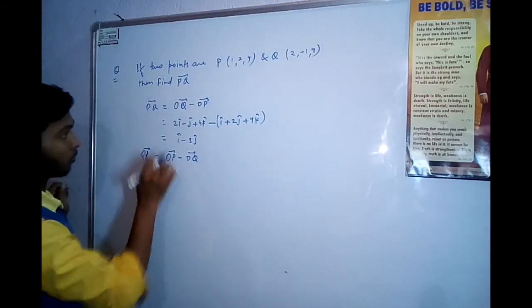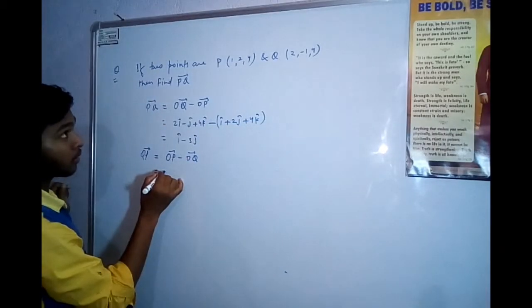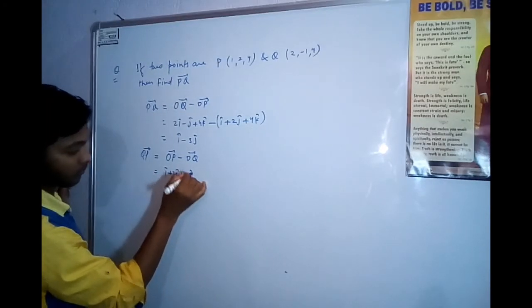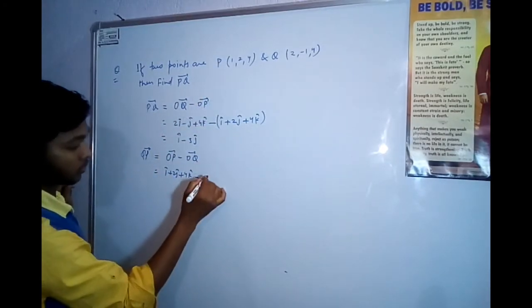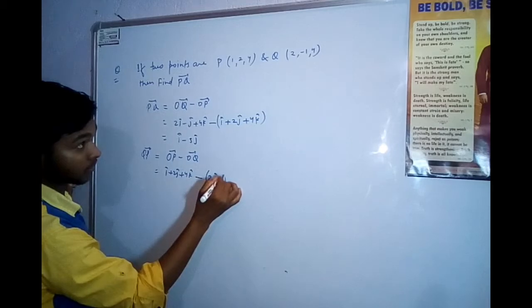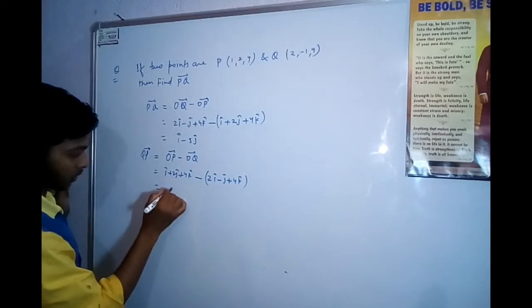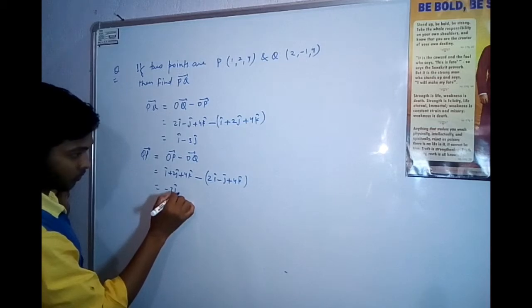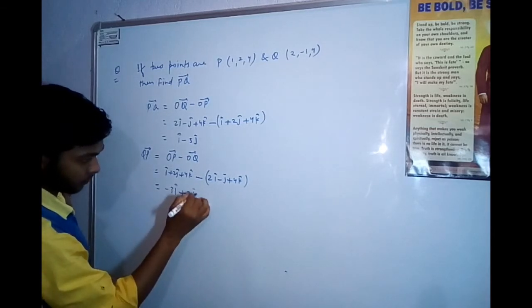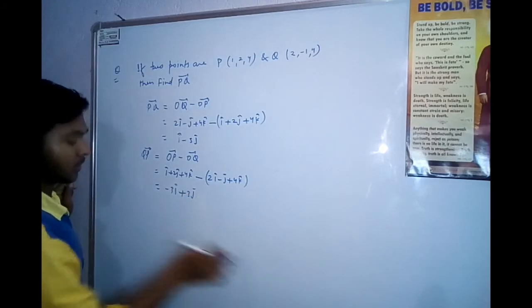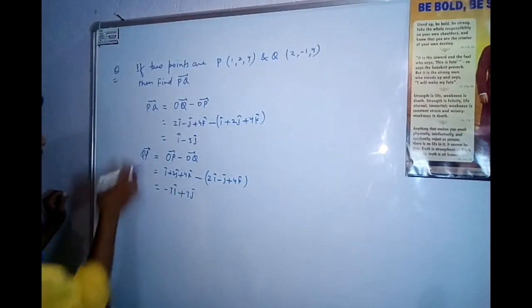Understand? OP is i cap, 2j cap plus 4k cap, minus OQ, 2i cap minus j cap plus 4k cap. i minus 3i, plus 3j plus 0 cap, we can write it or not.